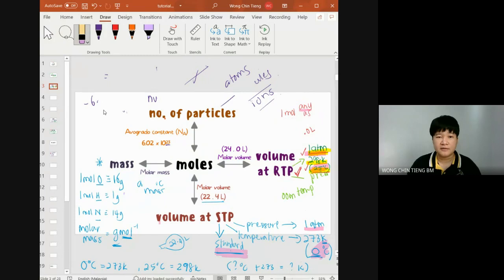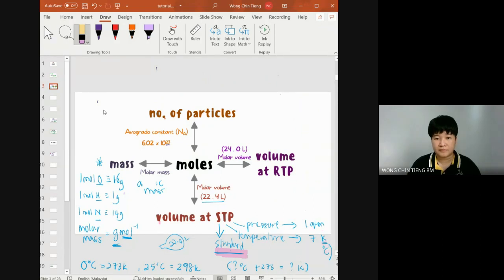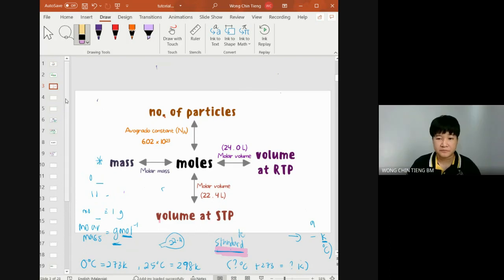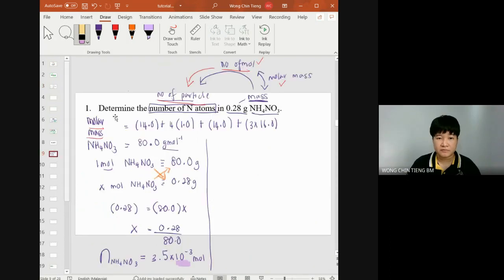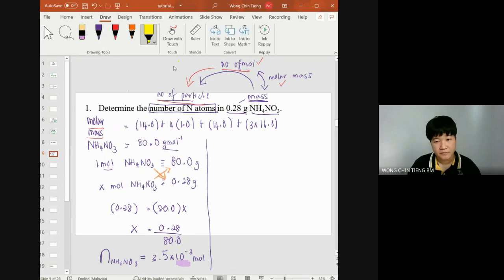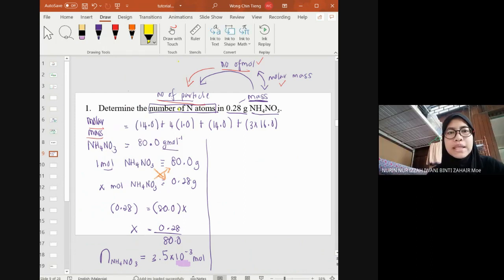yang kamu ada sekarang, saya nak tukar kepada number of atom. Saya cari number of mole nitrogen. Kenapa nak cari number of mole nitrogen? Sebab nak cari number of particle.